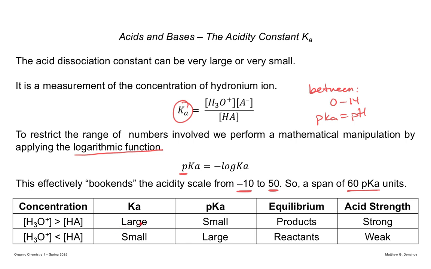When you have a large Ka number and you apply the negative log to it, you end up with a very small pKa value. So there's a flip. Small pKa means a strong acid. When you had the weak acid, which was a small Ka, now the pKa is a large number because of that mathematical operation.